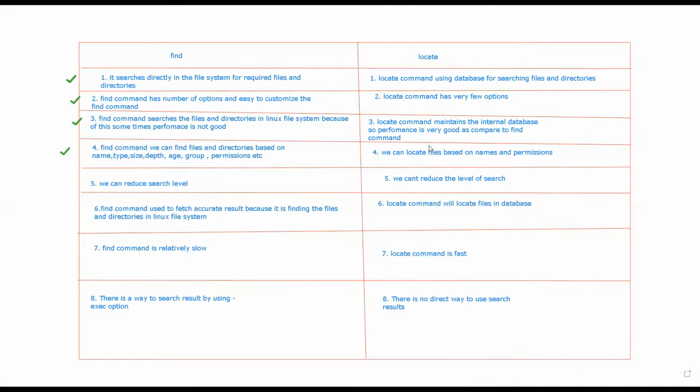The locate command is using the internal database, and we know that databases use primary key indexing. Because of that, the locate command is faster as compared to the find command, right? And the find command is providing you so many options, right? By using these many options, you can search, whereas in case of the locate command, you have only two options.